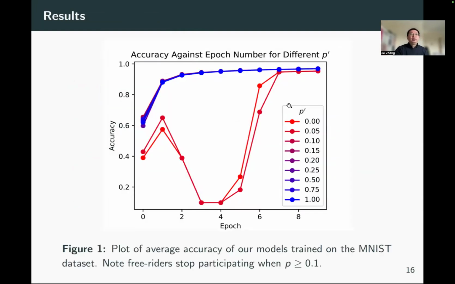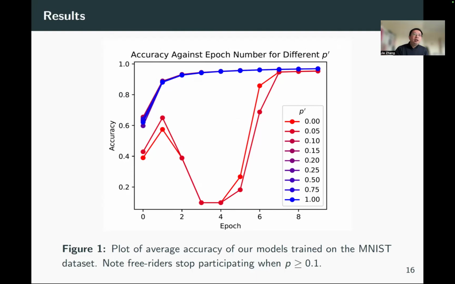So here we can see a plot. On the x-axis, we have our training epoch, and one epoch corresponds to 1 round in the federated learning. On the y-axis, we have the accuracy of the trained model. The redder the line, the lower the probability of running our verification, and the bluer the line, the higher the probability.